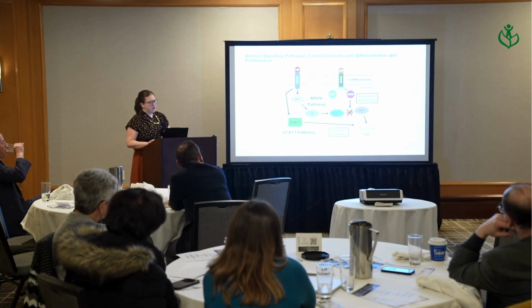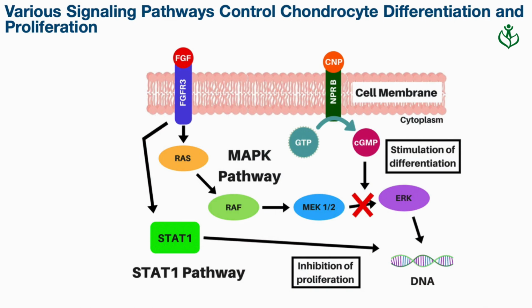And so here in patients with achondroplasia, what's happening is that they have the FGFR3 receptor turned on, and so that's going to cause downstream suppression, and so then you're going to have inhibition of this proliferation and differentiation.